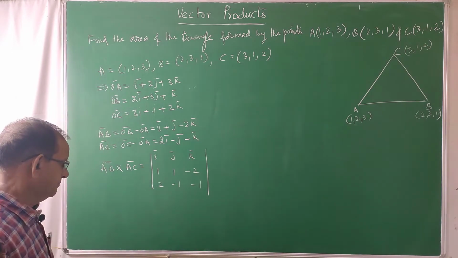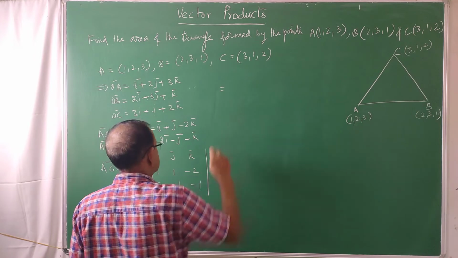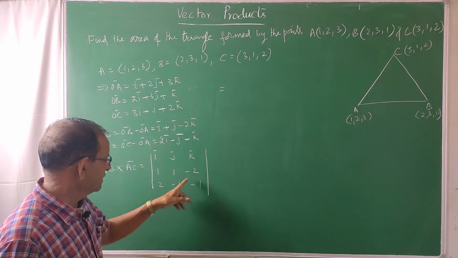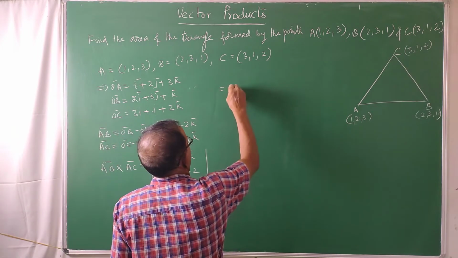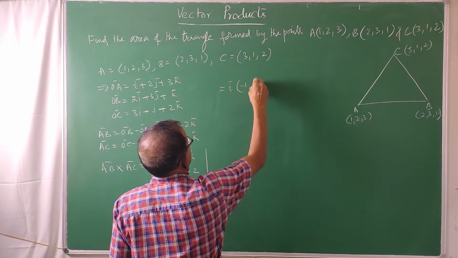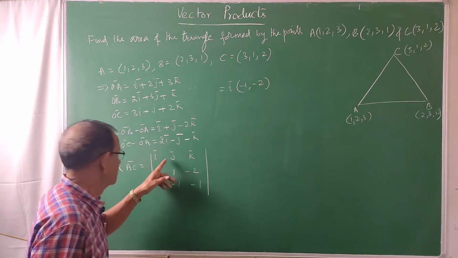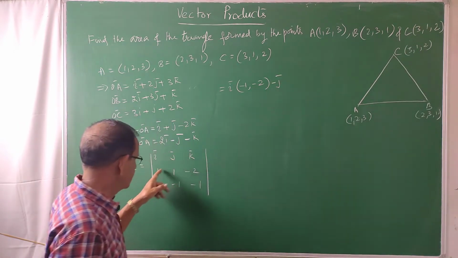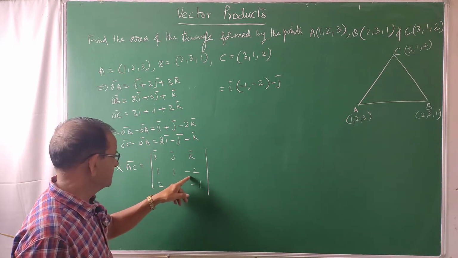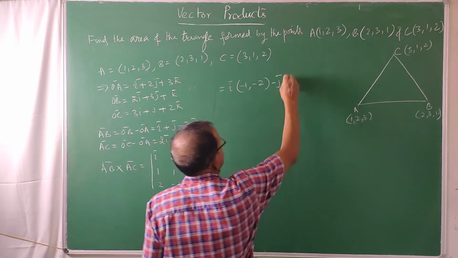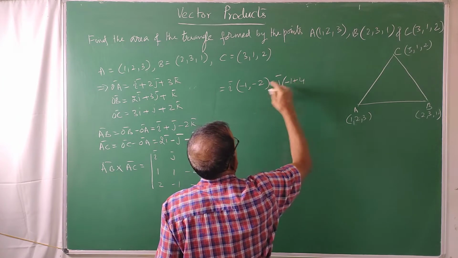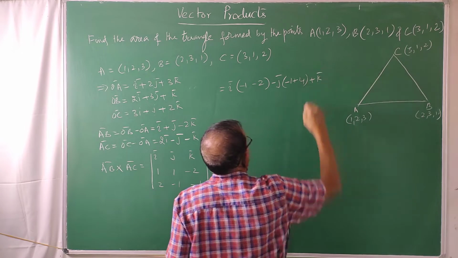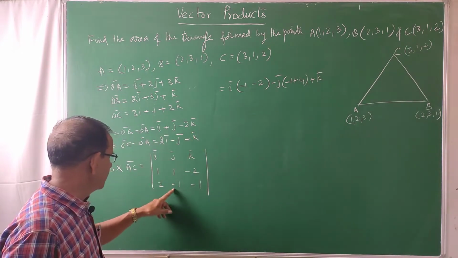Let us expand these. i bar into minus 1 minus 2, minus j bar into, delete this column and row, minus 1 plus 4, plus k bar into minus 1 minus 2.